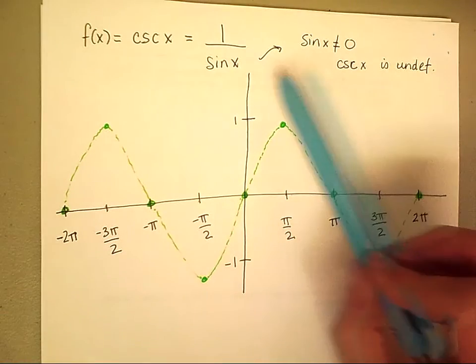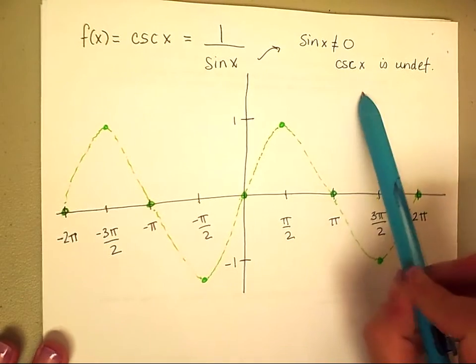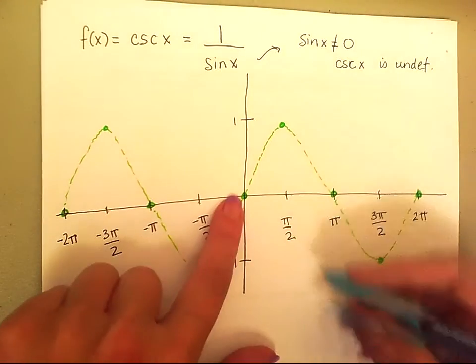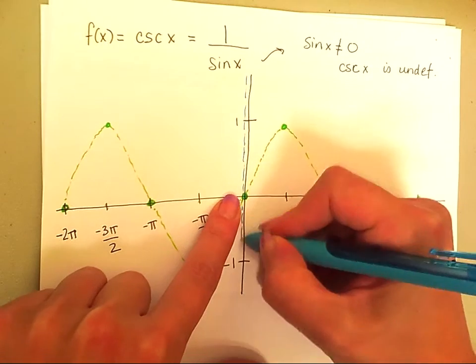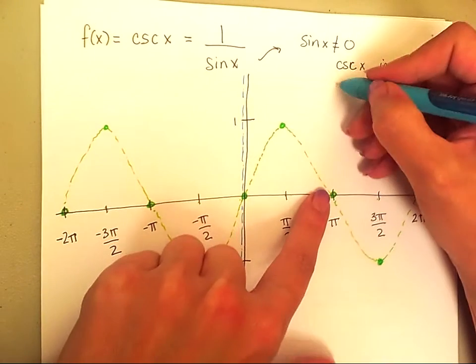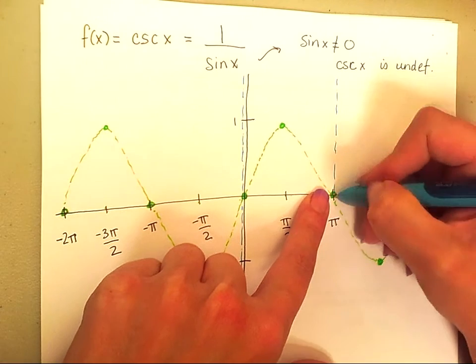This is the sine of x. Now we know if the sine of x ever equals 0, cosecant is going to be undefined. So any place the sine of x equals 0, that is where it crosses the x-axis, we'll put in the asymptotes.